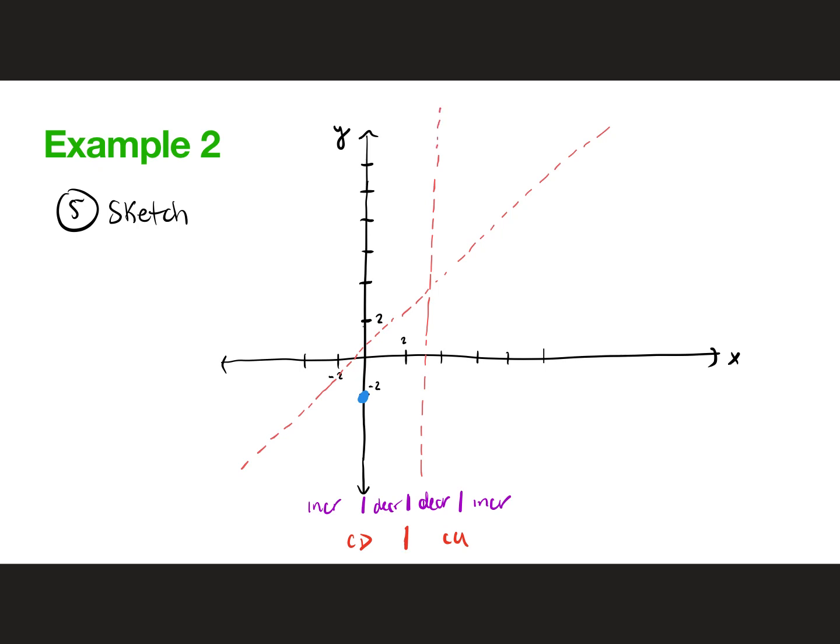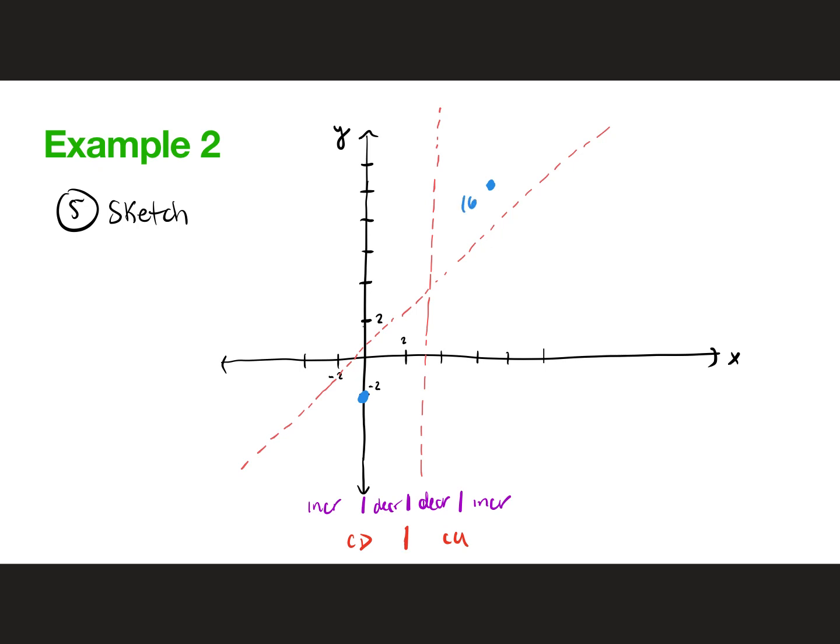Cool. And then from the first derivative, we learned about a local max at (0, -2), which we've already plotted. And we found a local min at (6, 10), which would be around here.